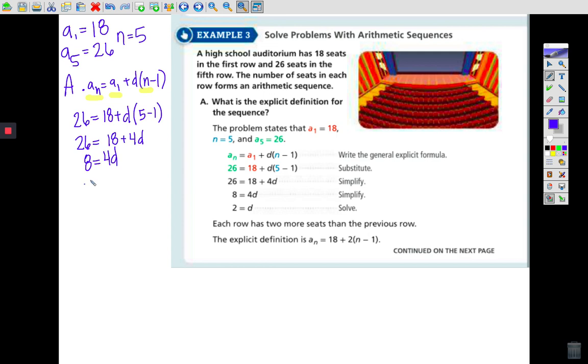So that means 2 is equal to d, right? So what does that actually tell us? Well, that tells us that each row has 2 more seats than the previous row.